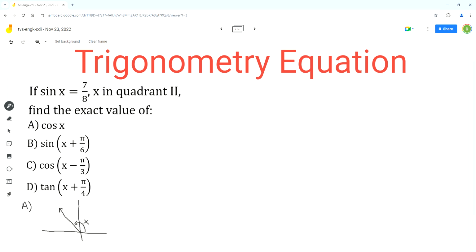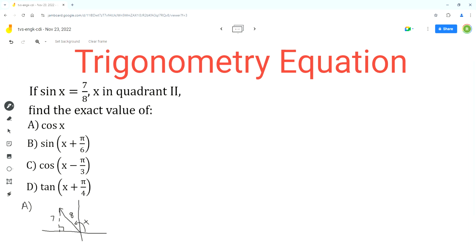Next, we should use the terminal arm to draw a right angle triangle with the x-axis in second quadrant. As per the problem, sine x is equal to 7 over 8. The formula for sine is opposite over hypotenuse. So the length of the vertical side in this triangle is 7 and the length of the hypotenuse is 8.